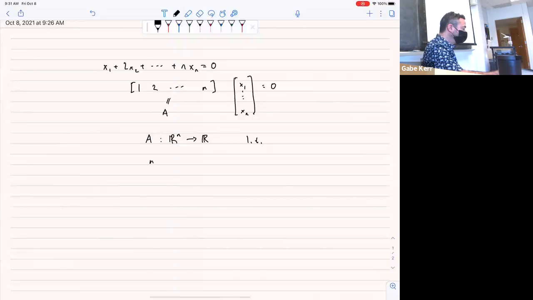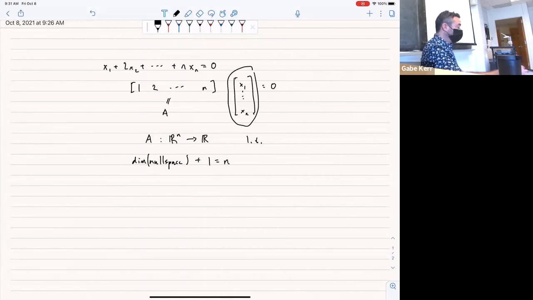The rank nullity theorem says the null space dimension plus the dimension of the image, which is 1, equals the dimension of this space, which is n. So that means the dimension of the null space should be n minus 1.